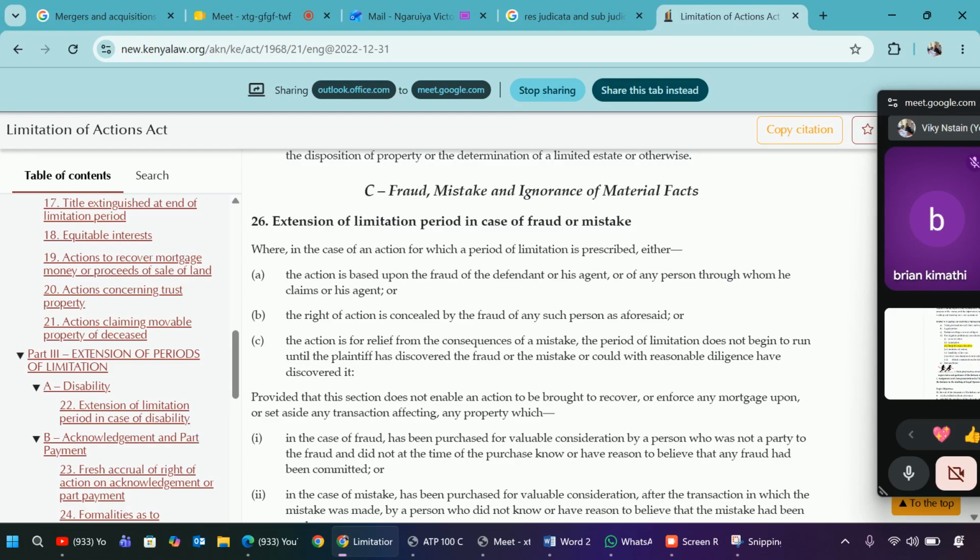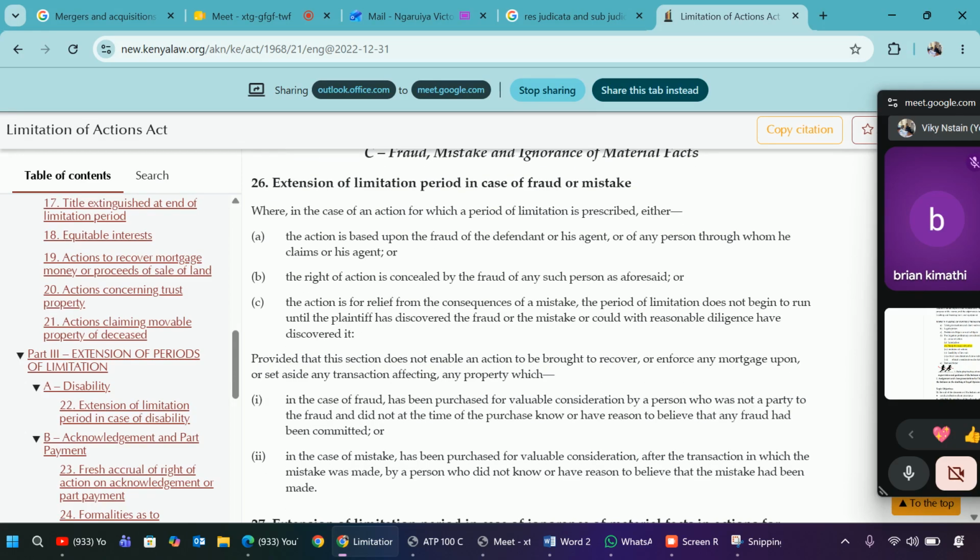Where in the case of an action for which a period of limitation is prescribed, either (a) the action is based upon the fraud of the defendant or his agent, or of any person through whom he claims or his agent, or (b) the right of action is concealed by the fraud of any such person as aforesaid, or (c) the action is for relief from the consequences of a mistake, the period of limitation does not begin to run until the plaintiff has discovered the fraud or the mistake, or could, with reasonable diligence, have discovered it.